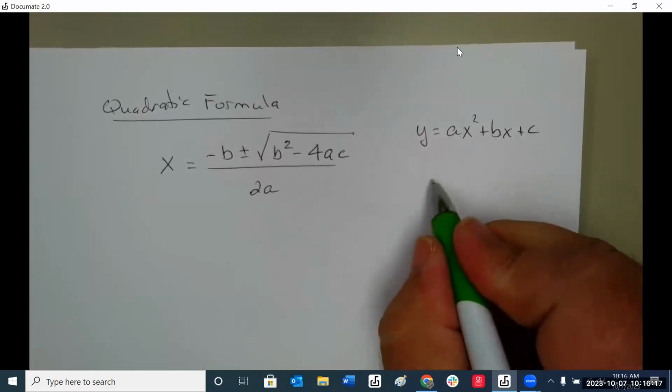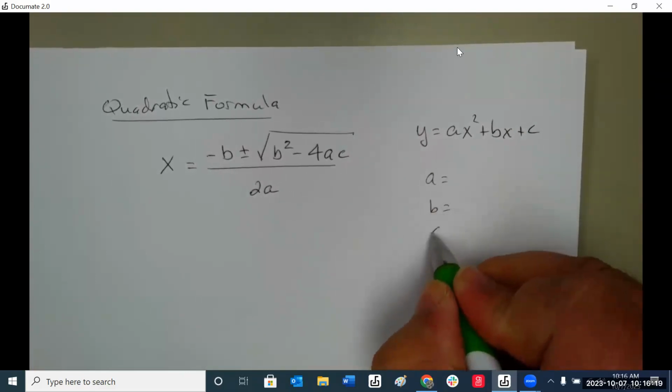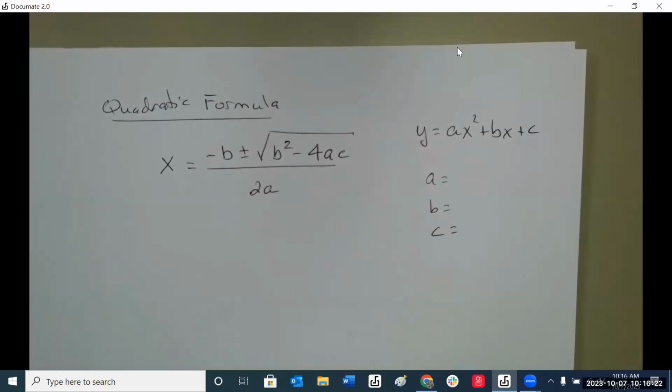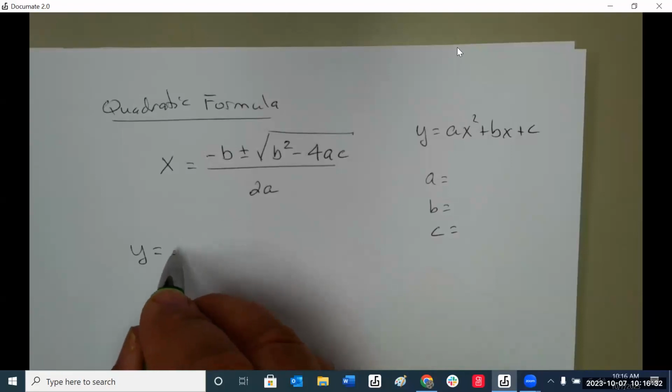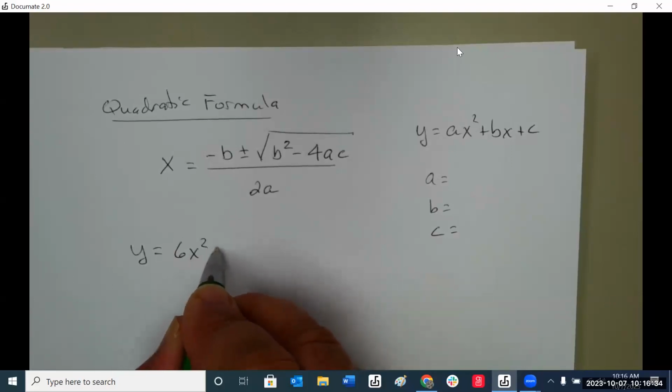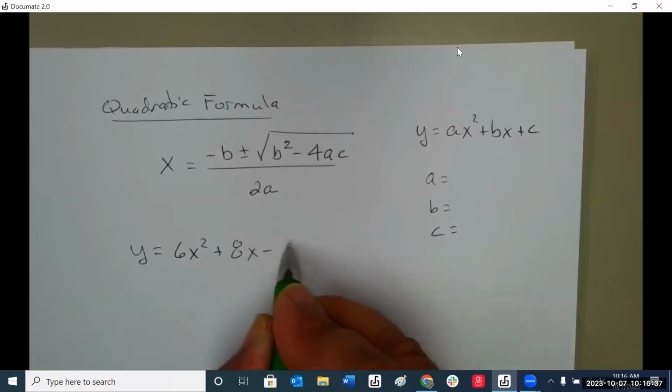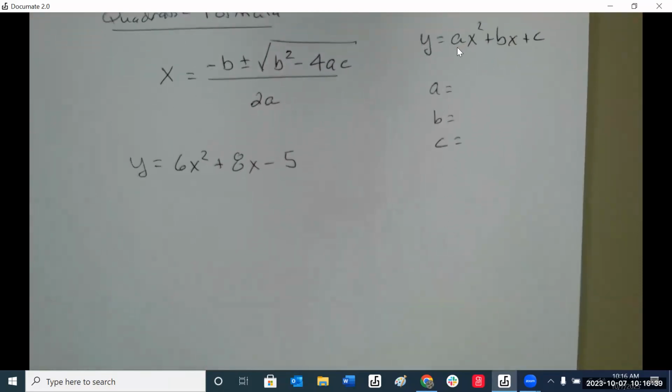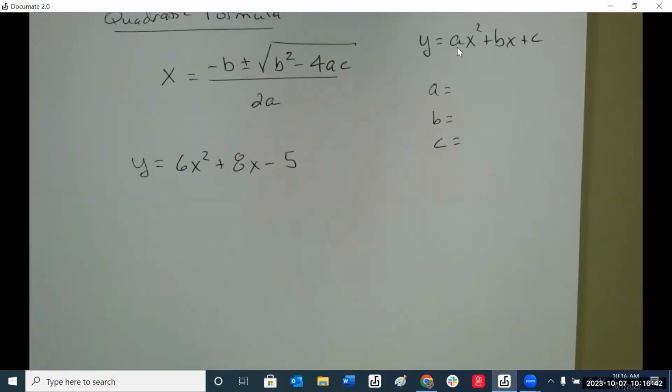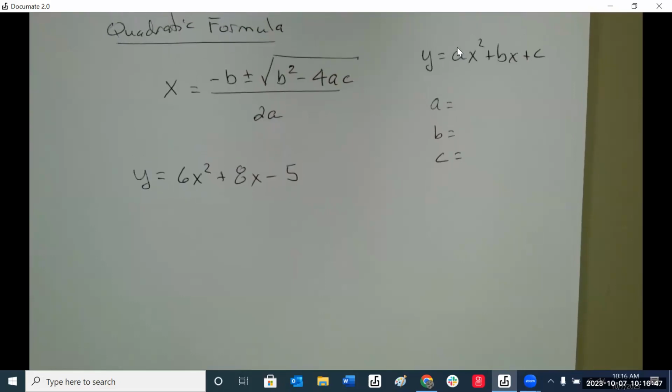So when you're given an equation, label A, B, and C, just plug them in there. Let's do that one again. Find me the x-intercepts. Or in the question, I said, solve this equation.